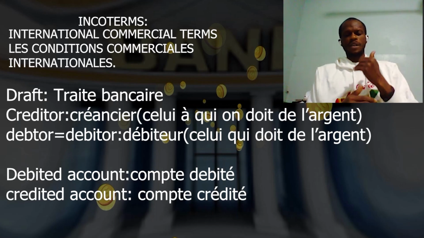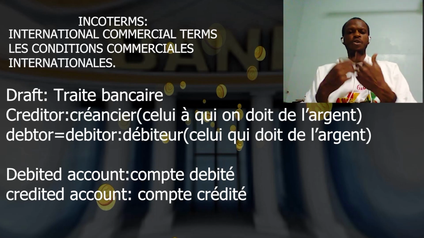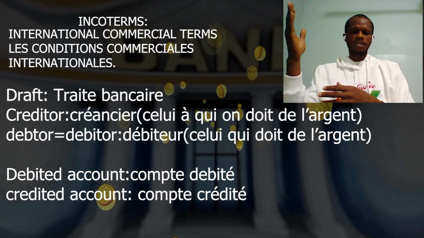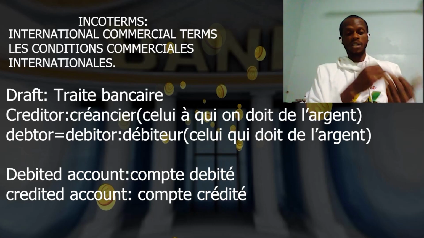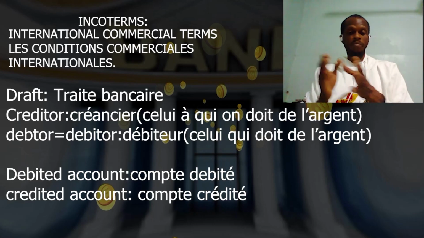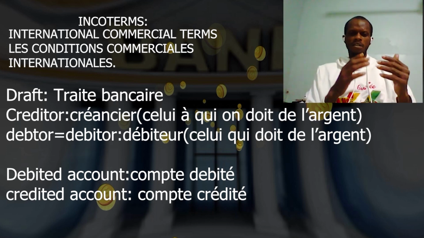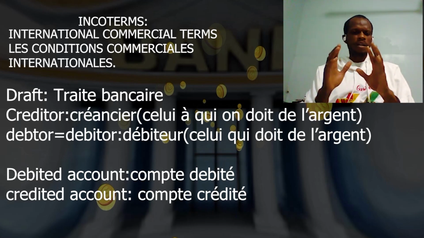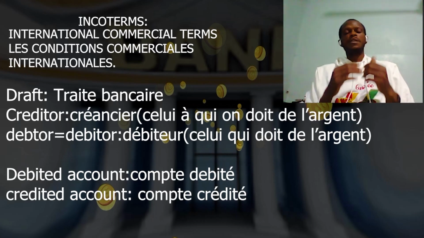Before the date approaches, you can address a letter requesting to make payment to another party or to request payment to himself, to the supplier or the creditor, because he owes money to the supplier. That is the draft.